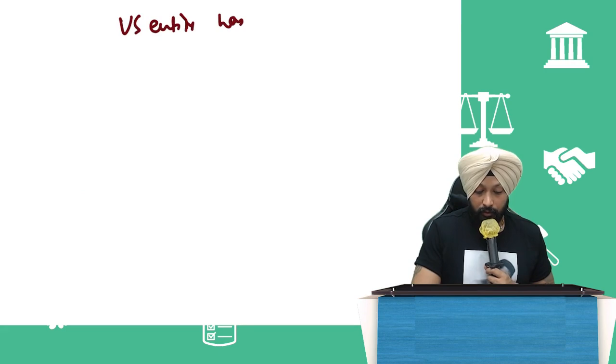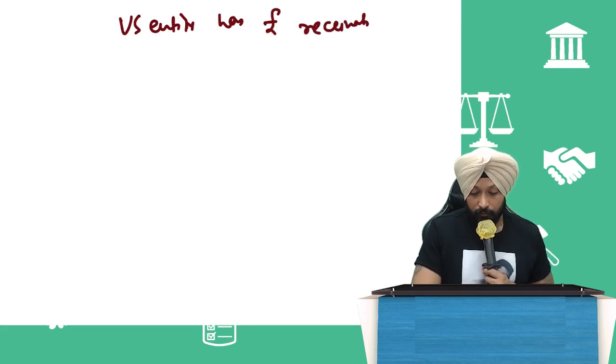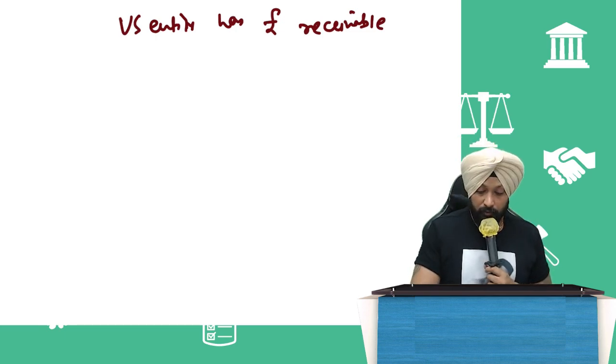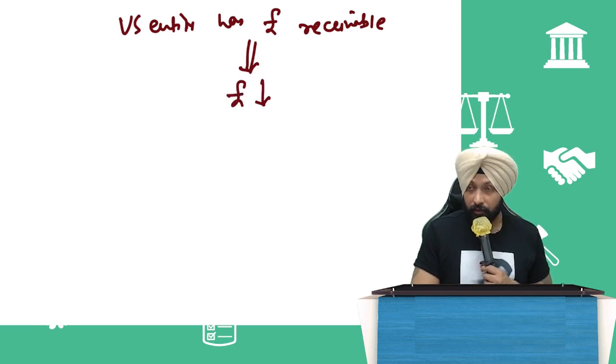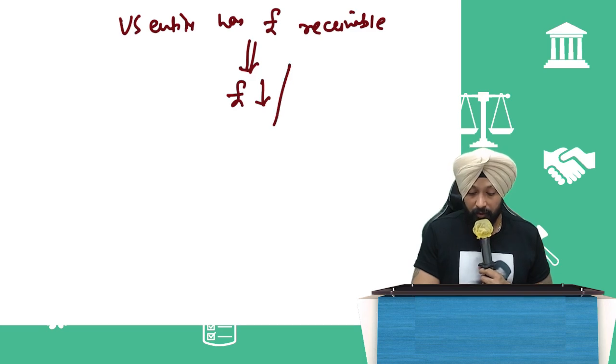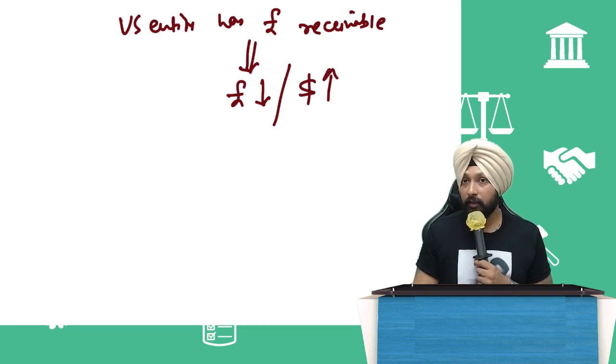See one more example. A US entity has pound receivable. First explain the risk. Pound depreciation, receivable. What are you worried about? Pound depreciation, dollar appreciation.